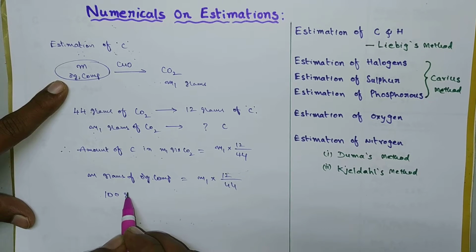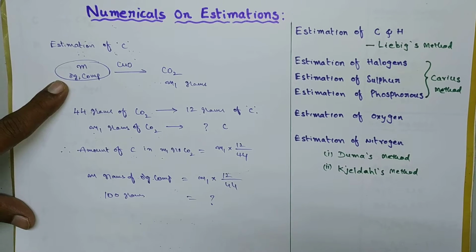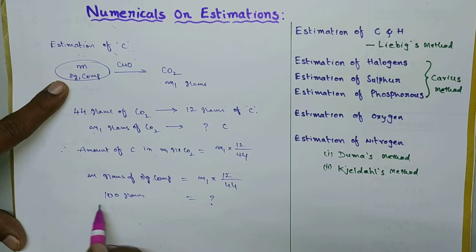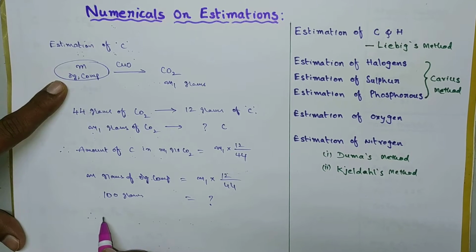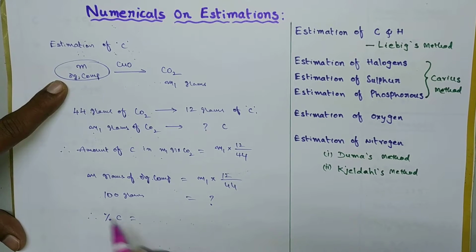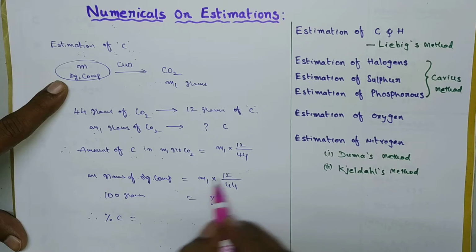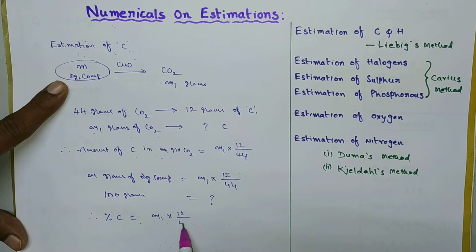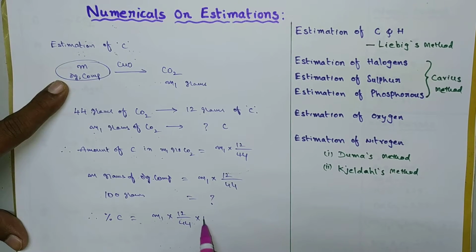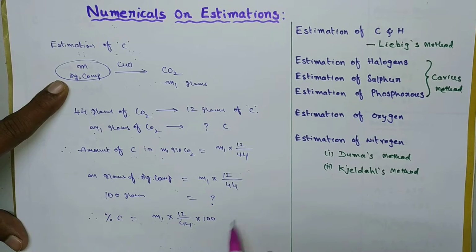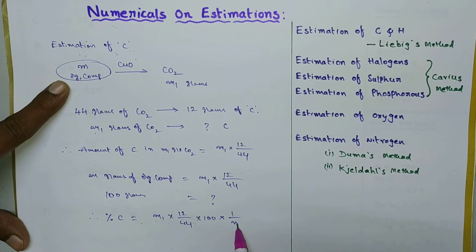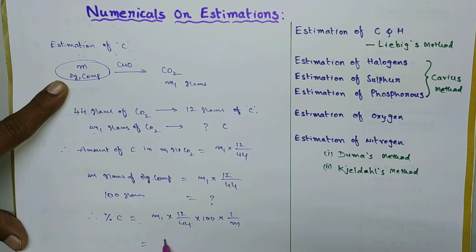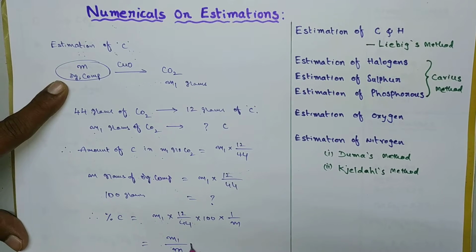For 100 grams, which is nothing but percentage, by cross multiplication the percentage of carbon is equal to m1 into 12 by 44 into 100 whole by m. Converting it into a suitable form, that is m1 by m into 12 by 44 into 100. So this is the percentage of carbon.